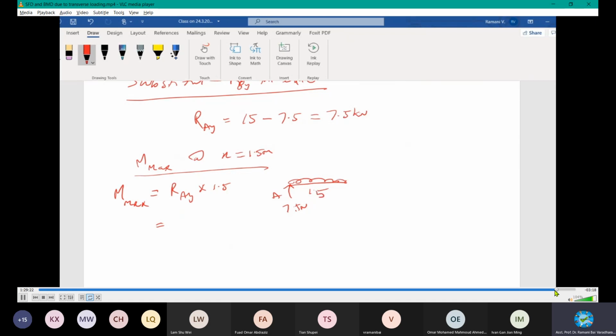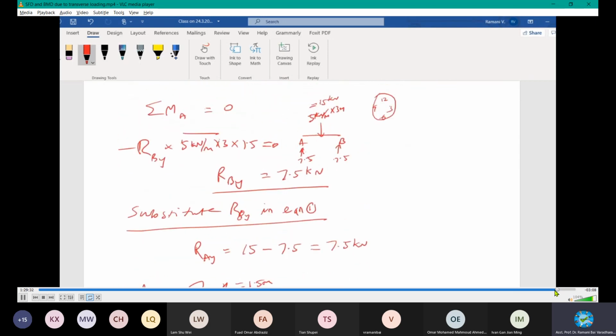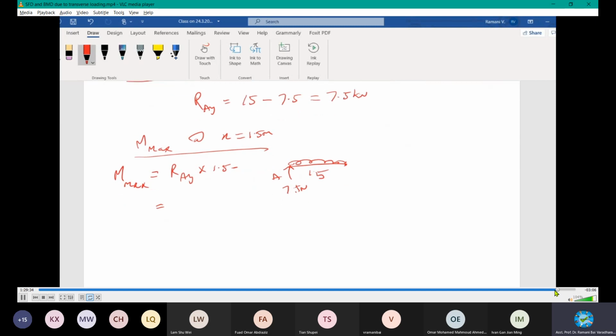Just convert this value. When you convert it, it will be minus, downward. How much is the loading? 5 kilonewtons, 5 times distance 1.5 times 1.5 by 2.